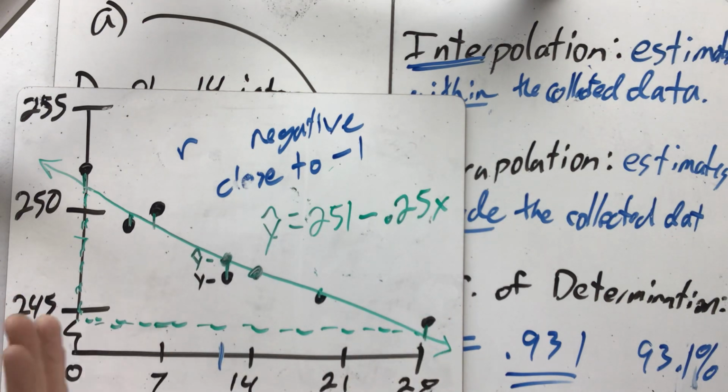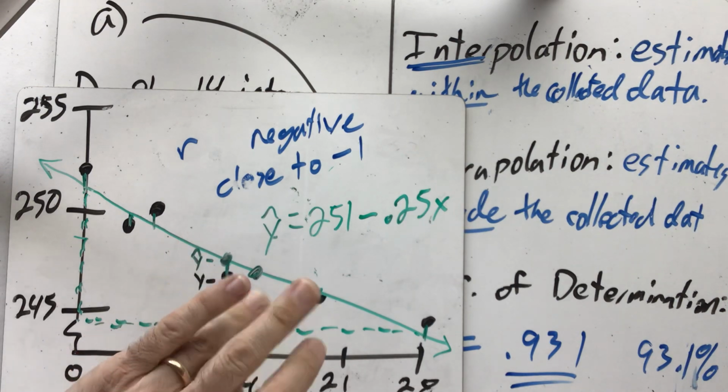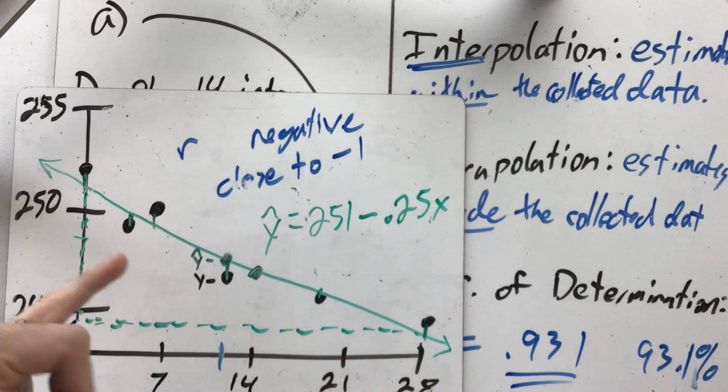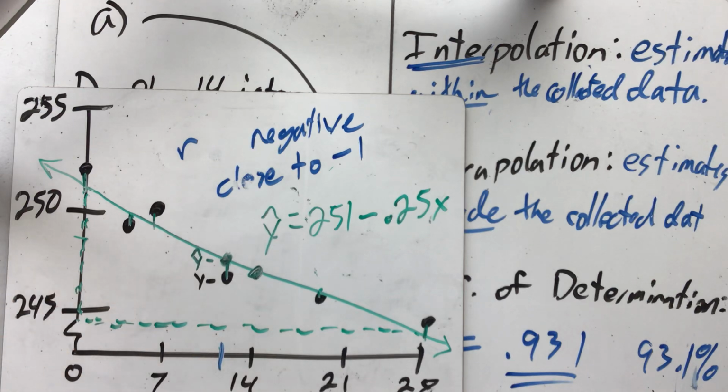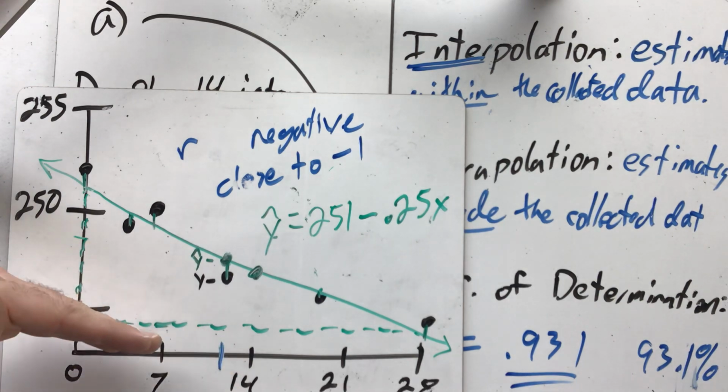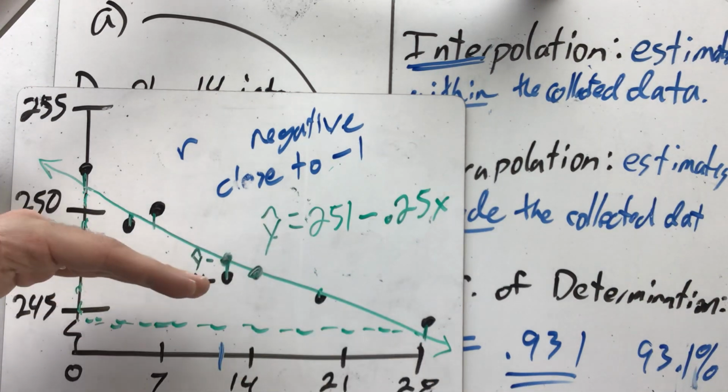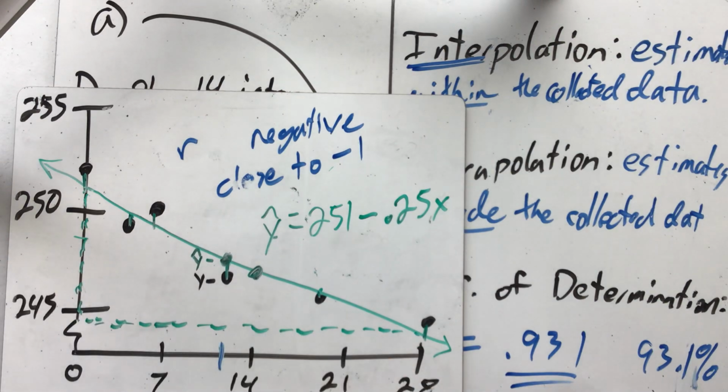So it does about a 93% complete job of describing why the weight is going down. However, 7% is not. So 7% of the change in weight is due to just random fluctuations that are not correlated with this data. And so this gives you some way of saying how much of the change I understand and how much of the change I don't understand.